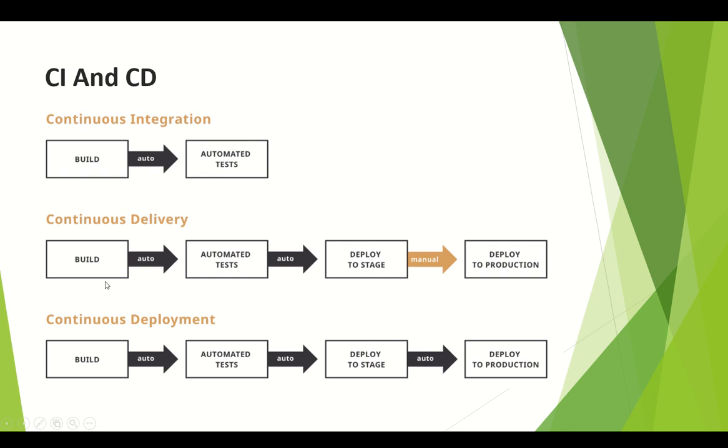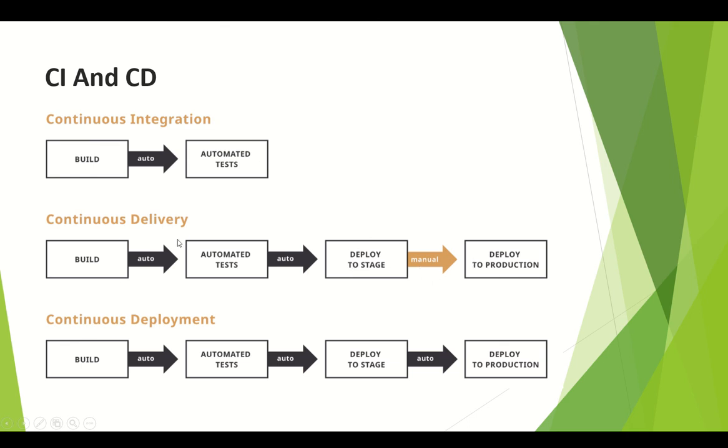Continuous delivery, like you see here: a build is delivered, automated testing happens, it is deployed to a staging environment, everything works fine there, then it will be deployed to production.